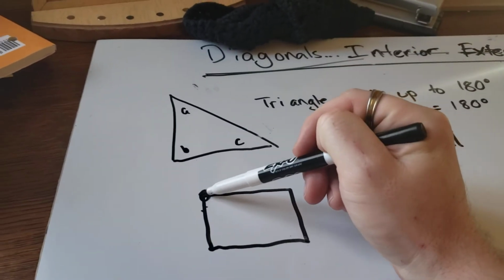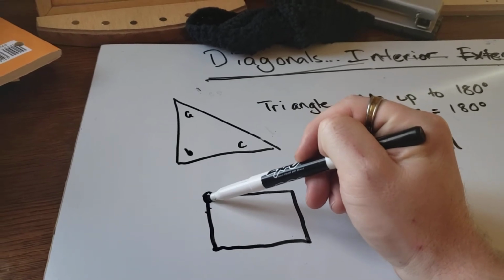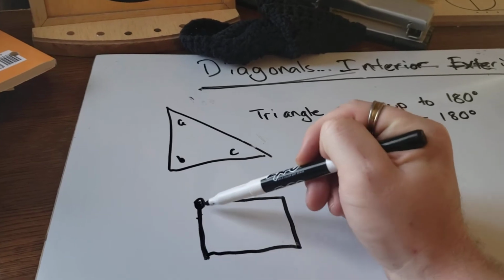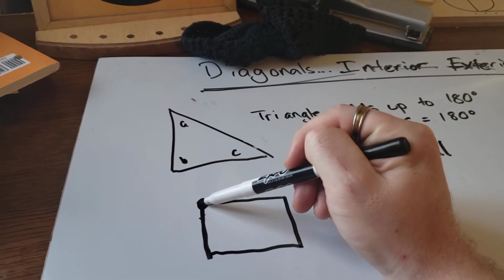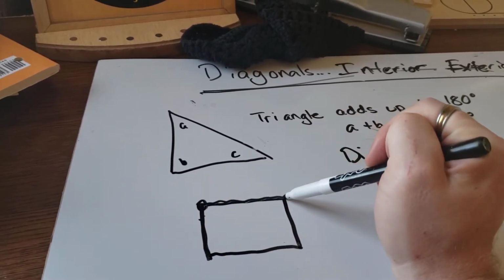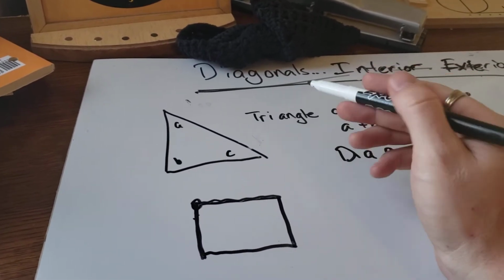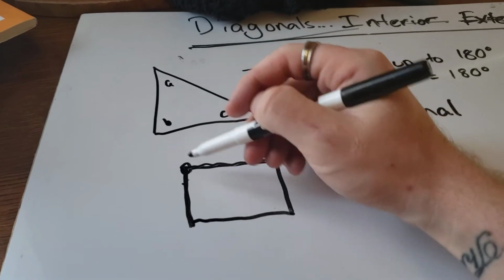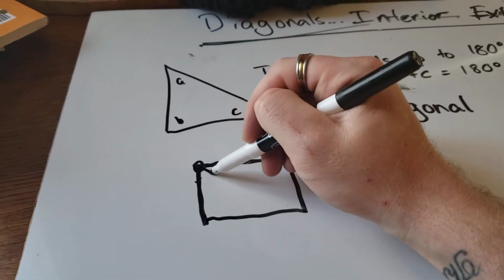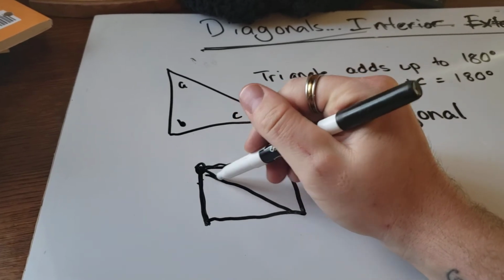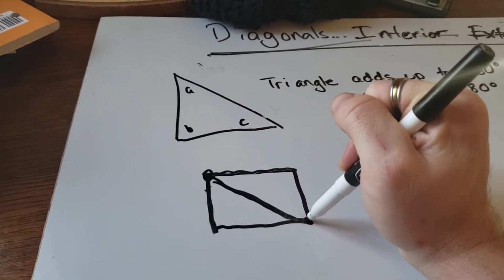For example, I could draw a line from this angle down here to this angle, but that's a side. That's next to, that doesn't count. I could draw a line from this angle to this angle, but again, that's drawing it on the same side. That doesn't count.